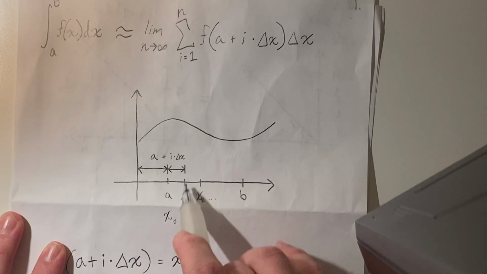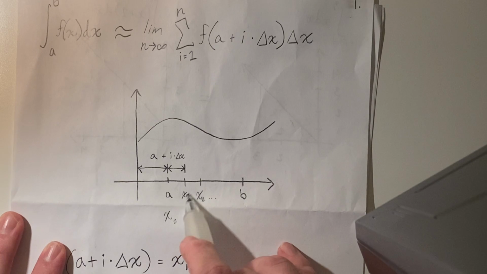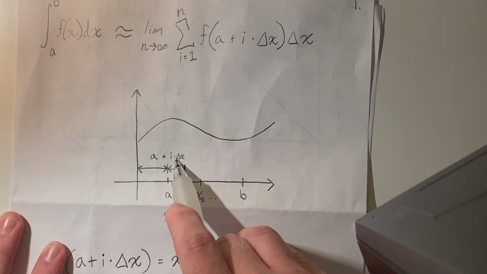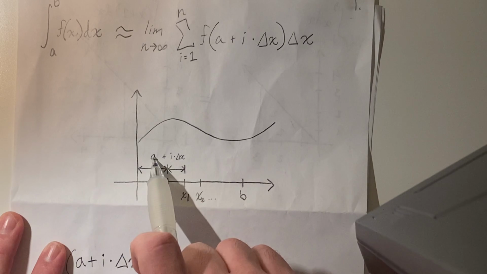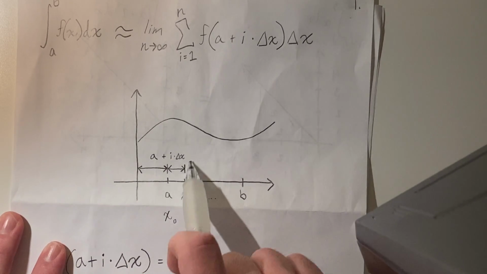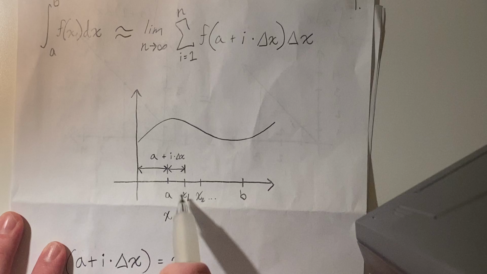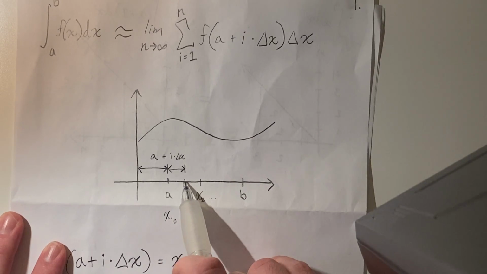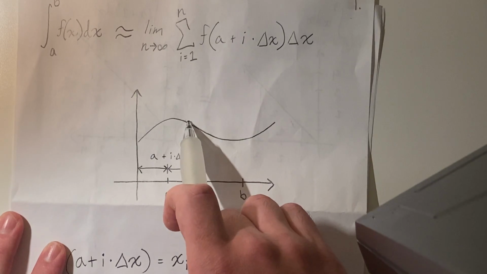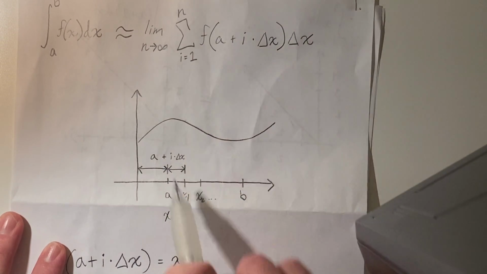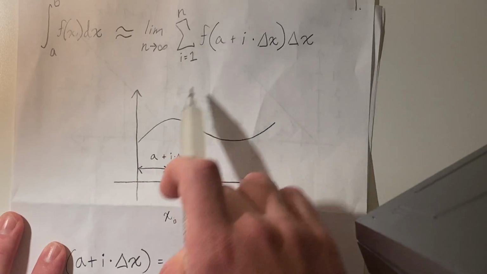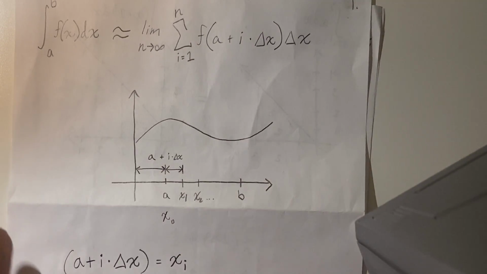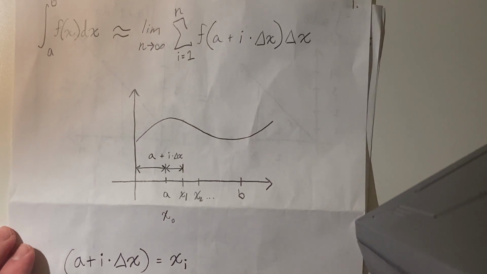Say we want x1, which is i equals 1, then we need 1 times delta x, this short distance, and we add a to it to get the total distance, which gives us the x value of x1. Then you plug that into f of x, which gives you the point on the graph, and you multiply it by delta x to get the area of the rectangle. That's what we're adding up to get the integral, all the space underneath the graph.